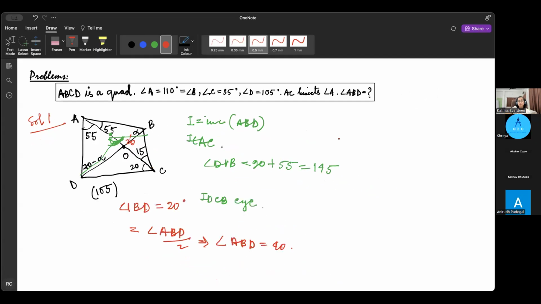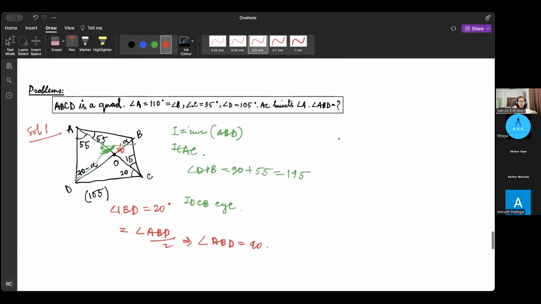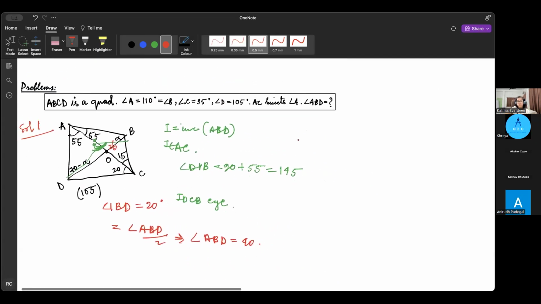What is solution 2, the intended one? What is trig? Anybody, any ideas on the trig approach?